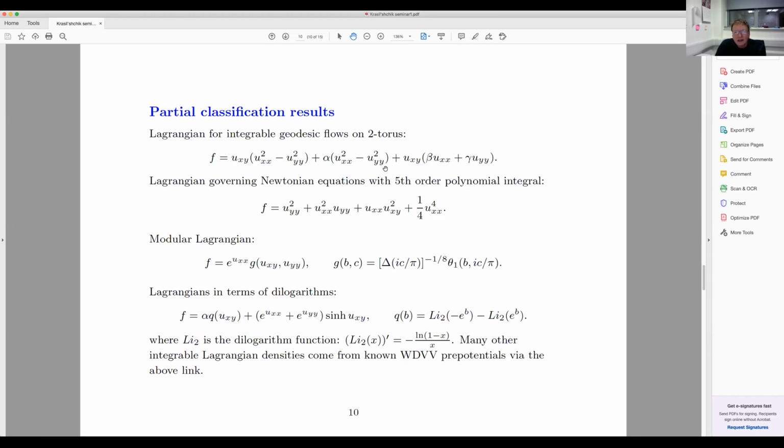They reduced the equations of these integrable geodesic flows to the Euler-Lagrange equation of this system somehow.